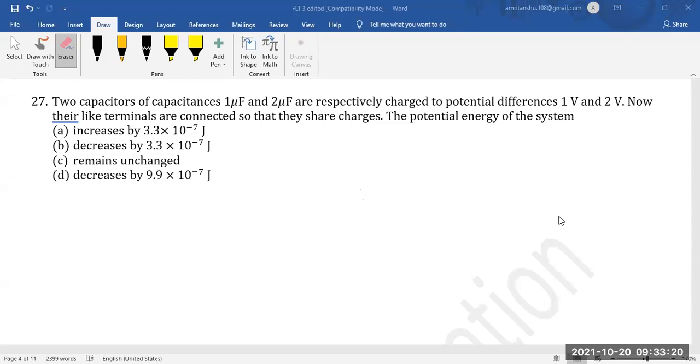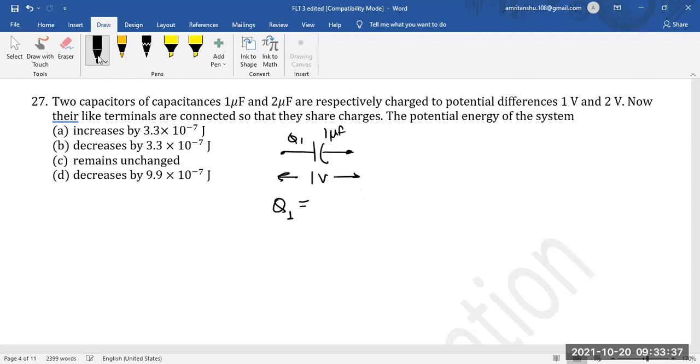In this question, we are given two capacitors of capacitance 1 and 2 microfarads. It is charged to 1 volt, let's say the 1 microfarad. So here the charge Q1 will be Q is equal to C times V, CV. This comes out to be 1 microcoulomb. And here the charge is going to be Q2. This is 2 microfarad, at 2 volt.